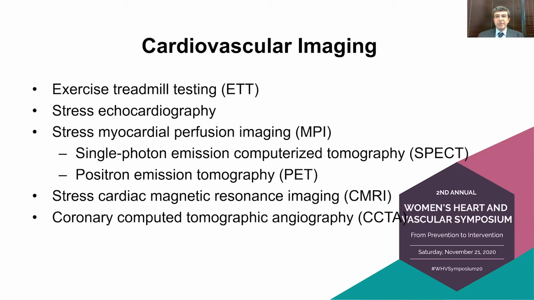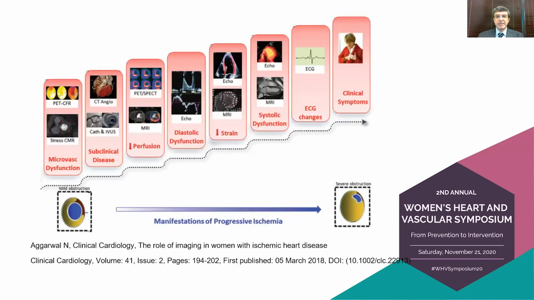Cardiovascular imaging is divided into different sections. Exercise treadmill is the easy and first step, then stress echo, stress perfusion imaging, which will be SPECT or PET, MRI stress test, and coronary CT angiogram are the non-invasive imaging that we can use to look at coronary artery disease.